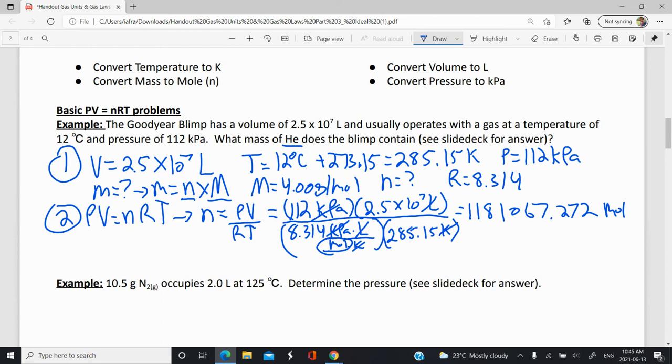And so now all we have to do is take our number of moles and put them into our mass formula. So M is equal to our number of moles of helium times our molar mass. Cancel out moles, and we're left with grams.